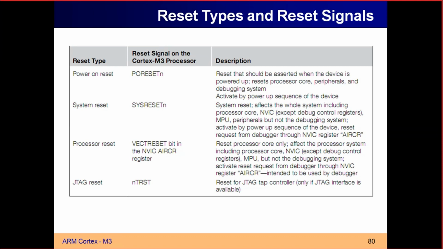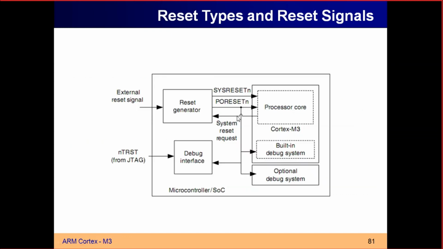If the controller has an SWJ debug access port, then only the JTAG reset can be generated. Otherwise, this JTAG will not be there. Only the single wire debug access port will be there. Right. So this again depends upon the manufacturer of the controller, whether JTAG reset is there or not. So this is the block diagram.